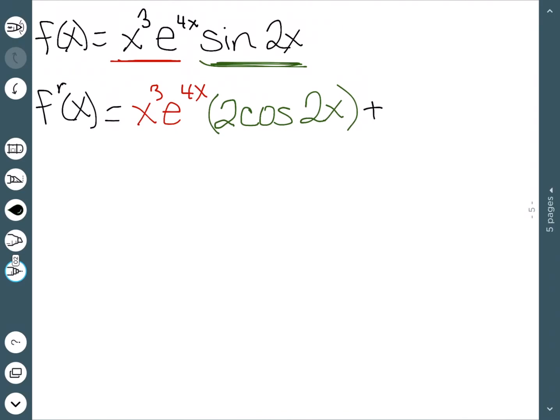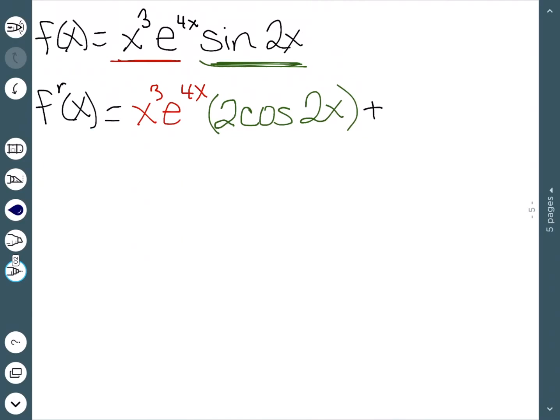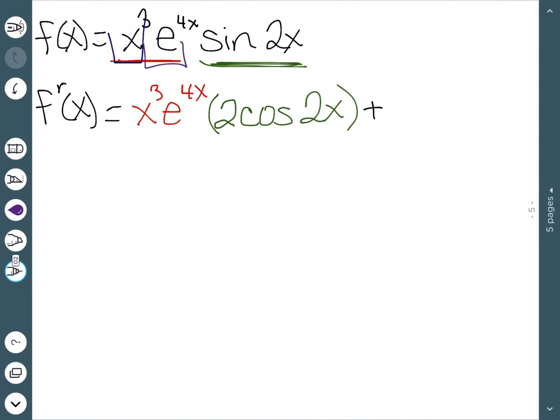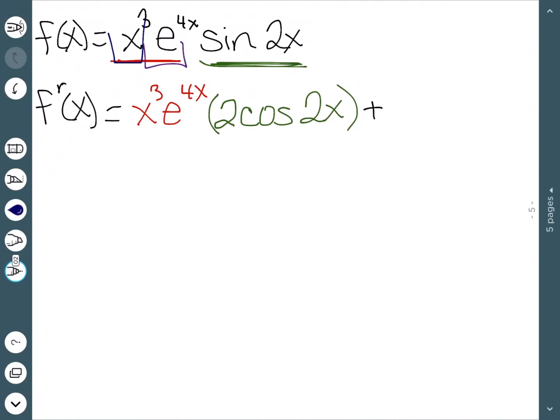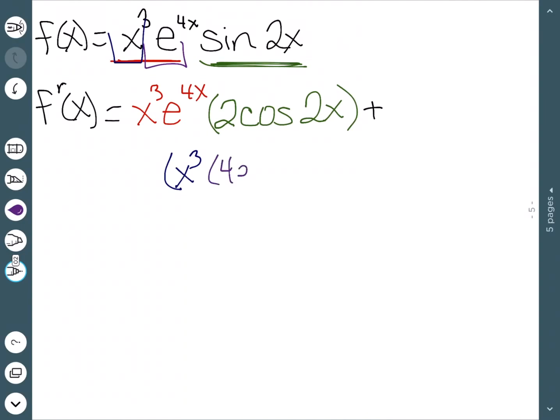We're then going to add the derivative of the first function, and this is where it gets a little bit tricky. We're going to now break this into two pieces, the x cubed piece and the e to the 4x piece. So that product says we would write down the first times the derivative of the second, which is 4e to the 4x.